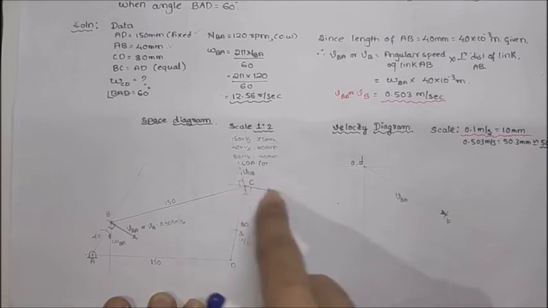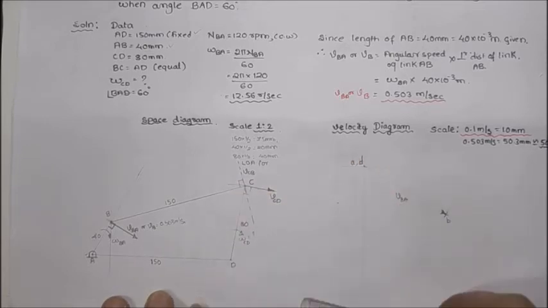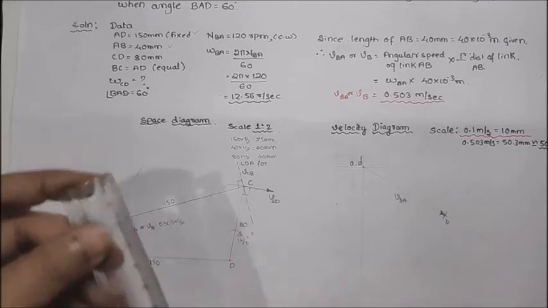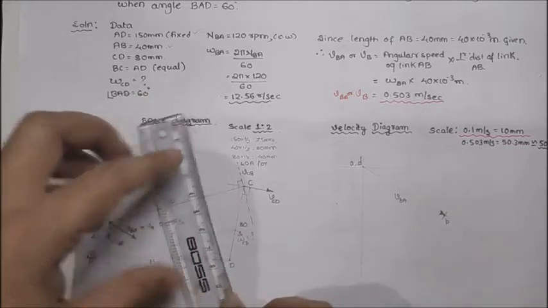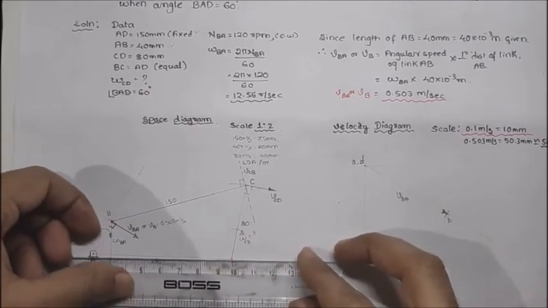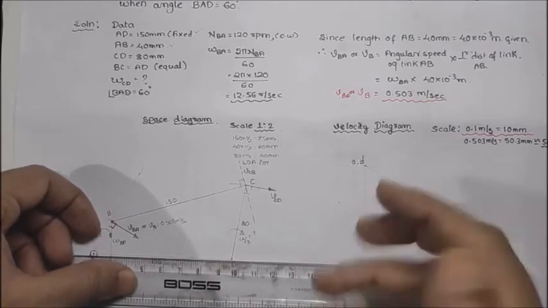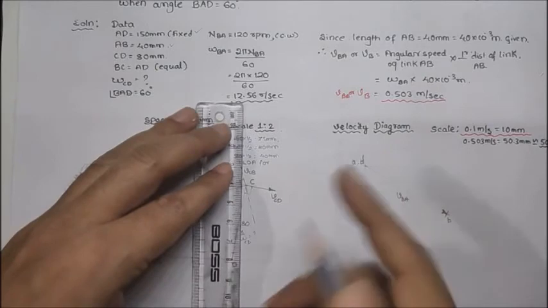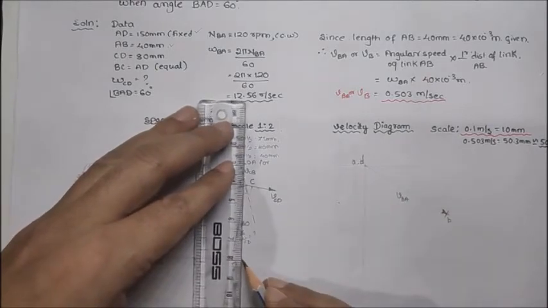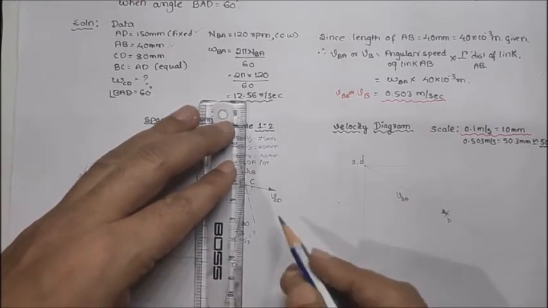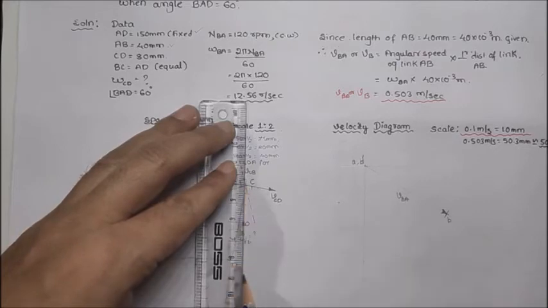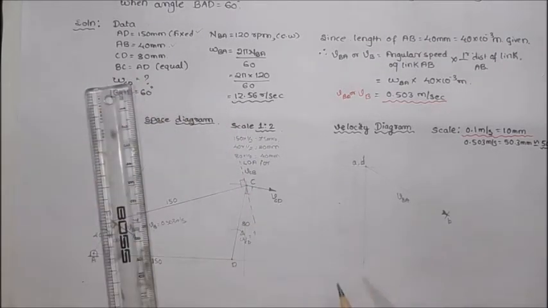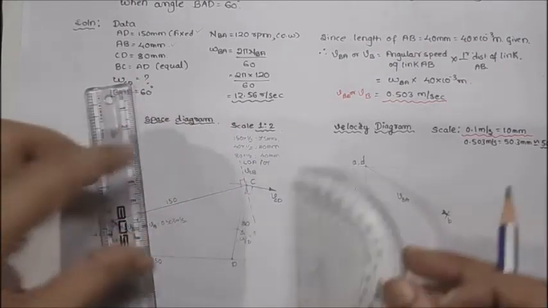So can we bring this direction here? Yes, we can. How to get it? Again, as we followed here, just go here, keep your scale, draw a line, then measure this angle.